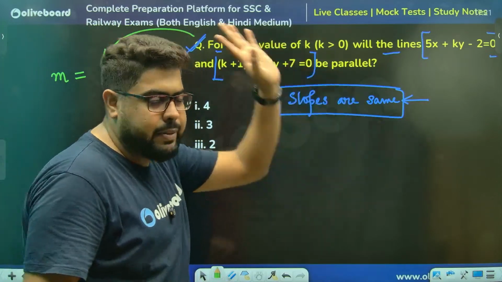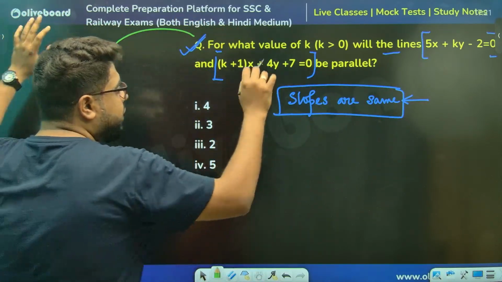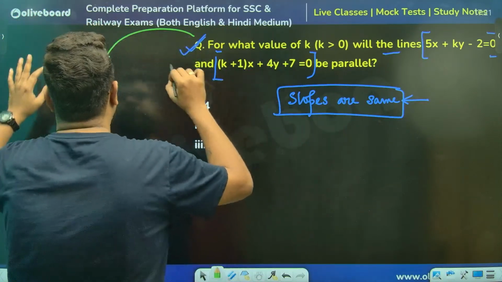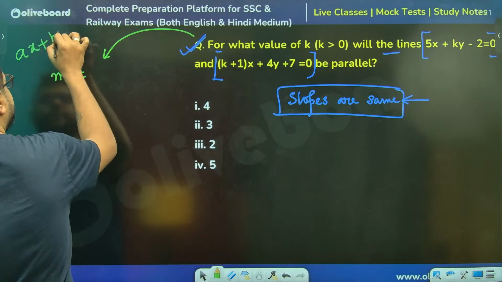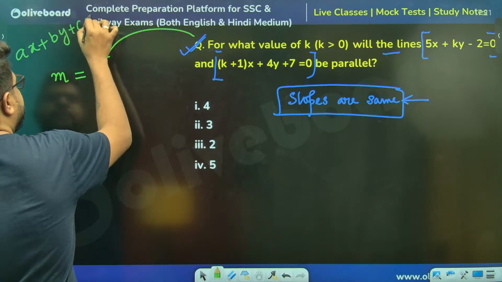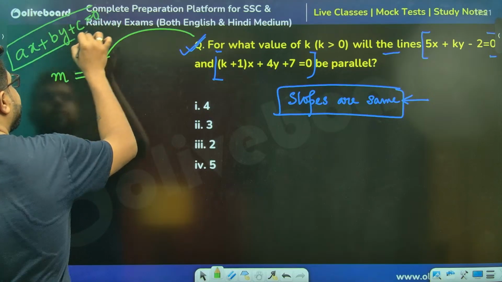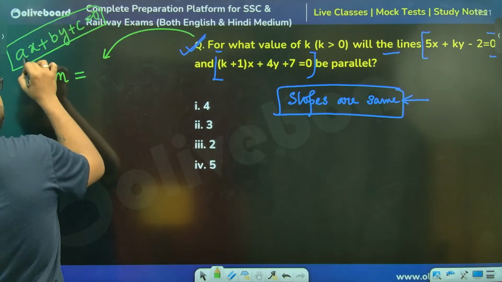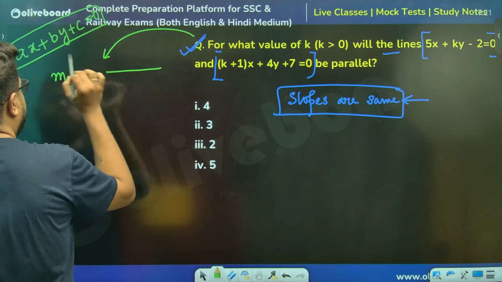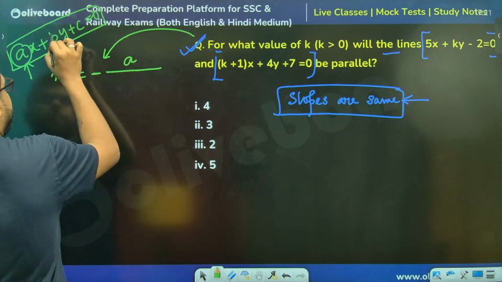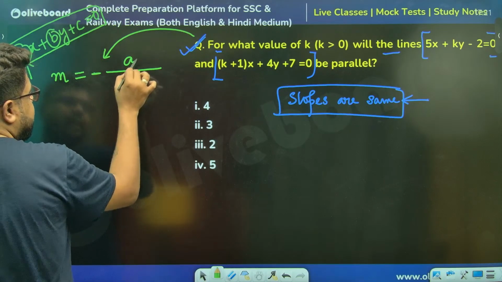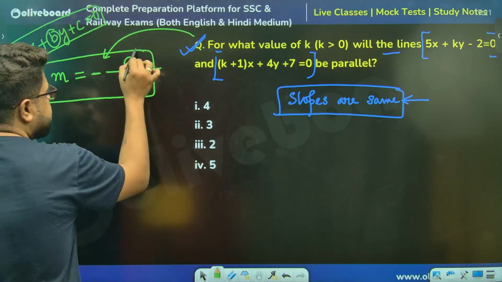But again, the best way of figuring out slope for any line, if there is an equation in this format, ax plus by plus c equal to 0, so always remember, negative of the coefficient of x, that is a, by the coefficient of y, that will always be the slope, sir.